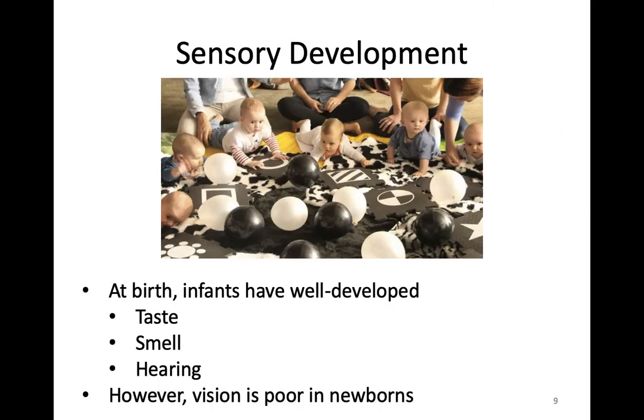Okay, so senses develop as well. So certainly infants are born into the world with some perceptual abilities, but not all. And so this is important when we think about cognitive development, because in order to learn anything, we get our information through our senses. So at birth, some senses are more fully developed than others. Taste is a sense that develops very early.